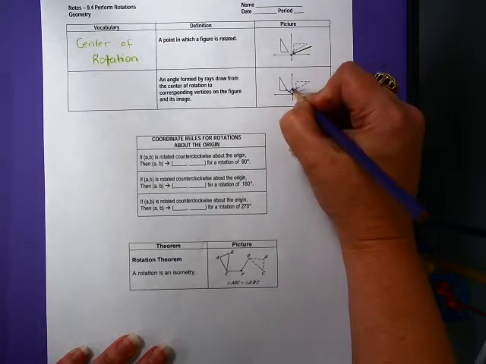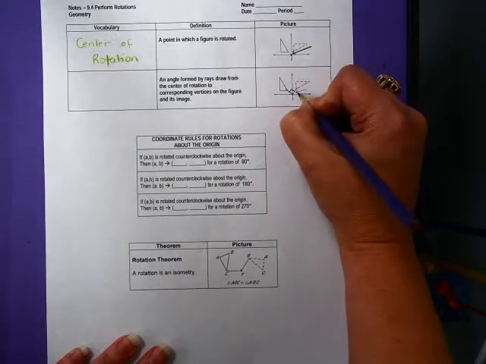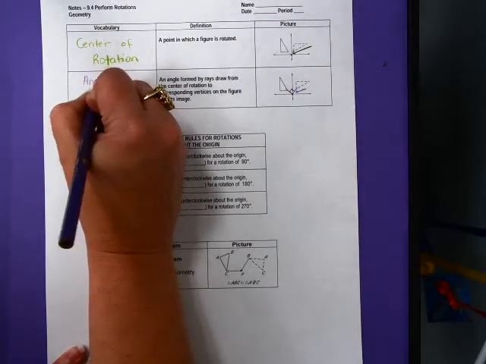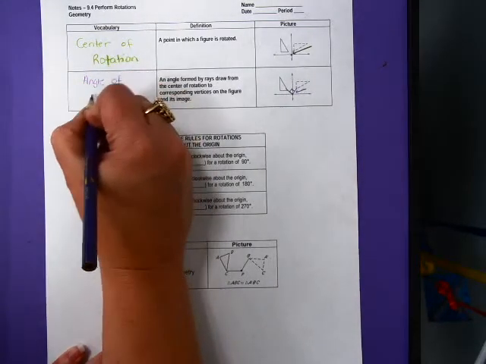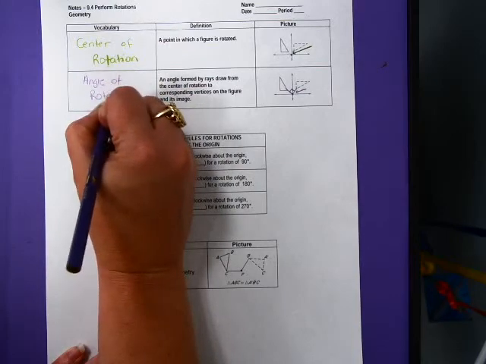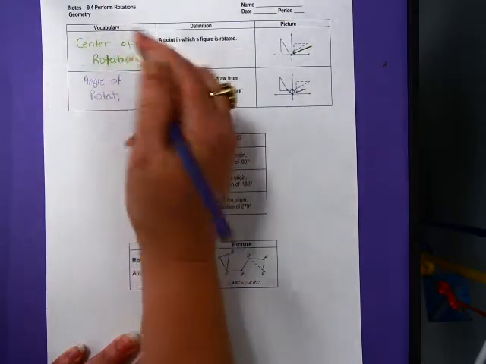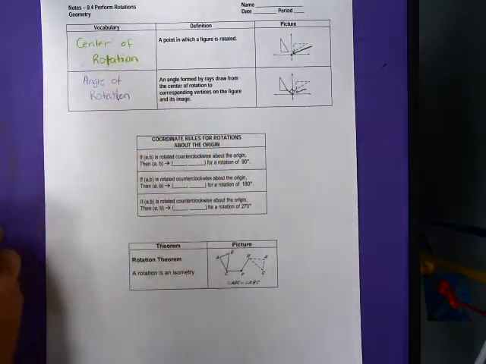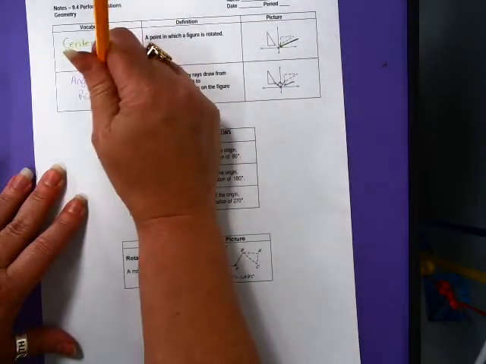Well, this angle here that's formed, we call that the angle of rotation. Okay, angle of rotation.